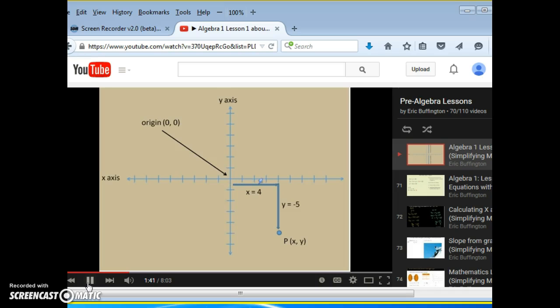We would start here and go 1, 2, 3, 4 places, and then 1, 2, 3, 4, 5 places down. So our x value is going to be 4. We start at the origin and we go 4 along the x-axis, and our y value would be negative 5 because we go down 5 in the y direction, the up and down direction. So we would call this point 4, negative 5.